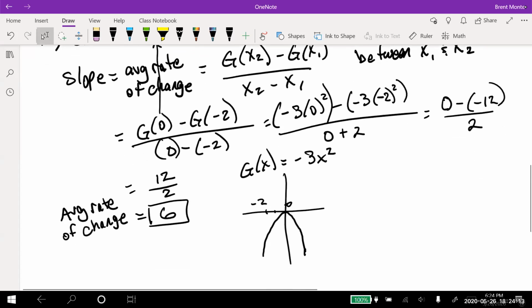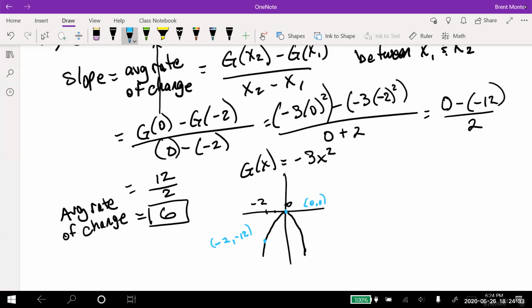At negative 2, when we plugged in negative 2, we got a y value of negative 12. So we're at a point down here. That point is negative 2, negative 12. At 0, we got 0, so that's the point 0, 0.